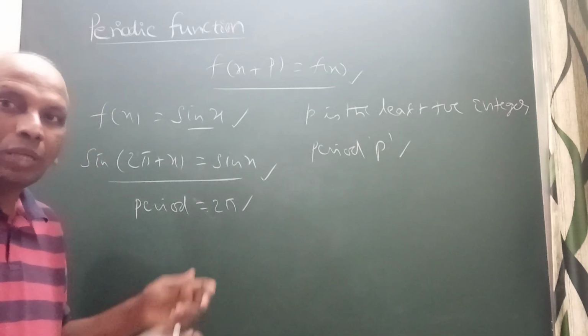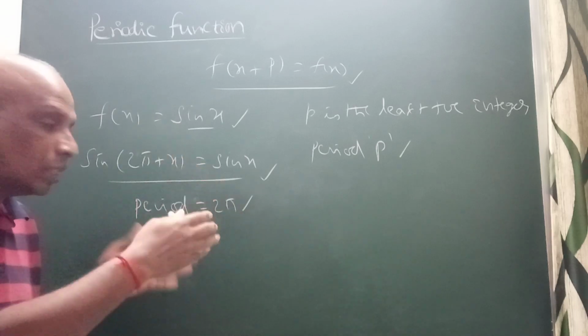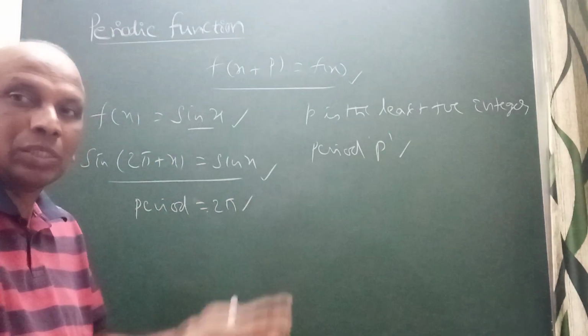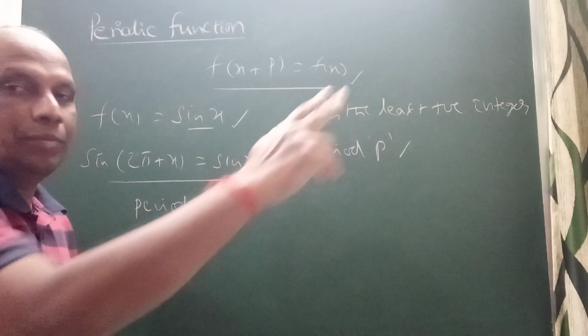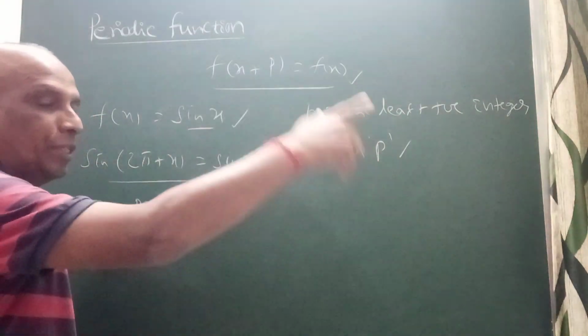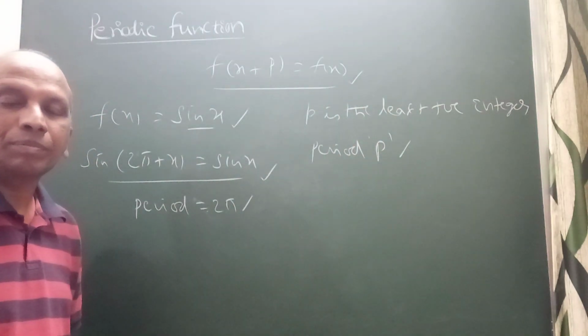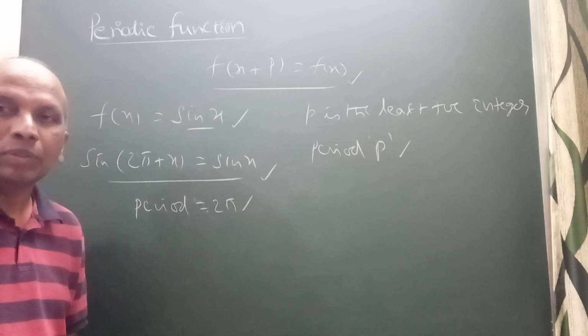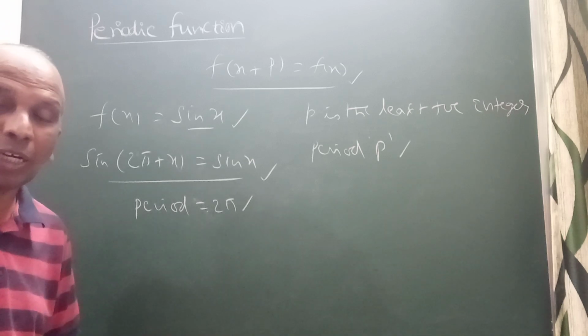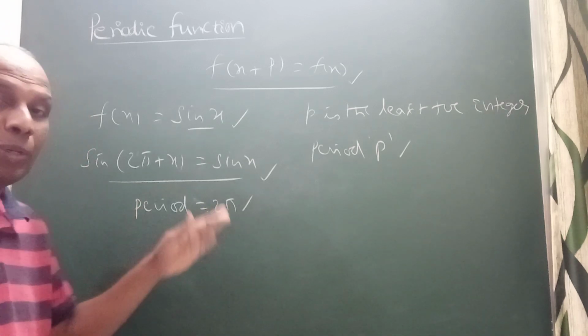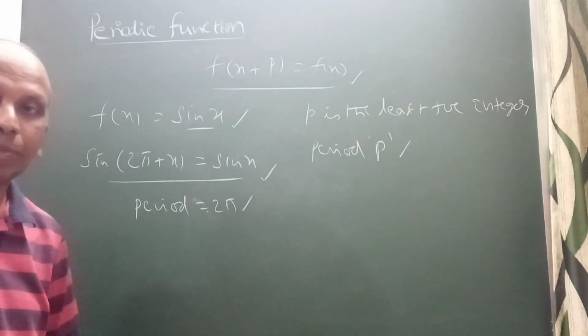That means after every 2 pi interval, the sine function will repeat again. A function that repeats again and again after a fixed interval is called a periodic function.